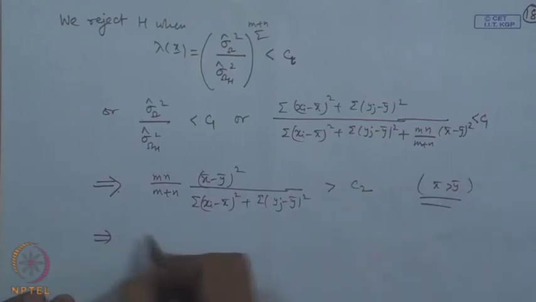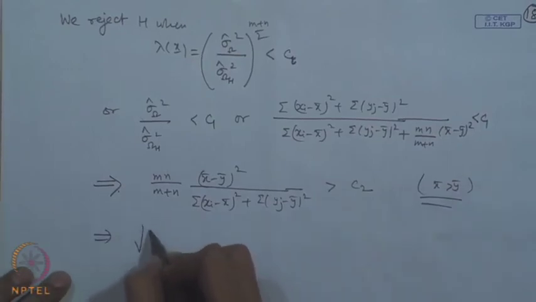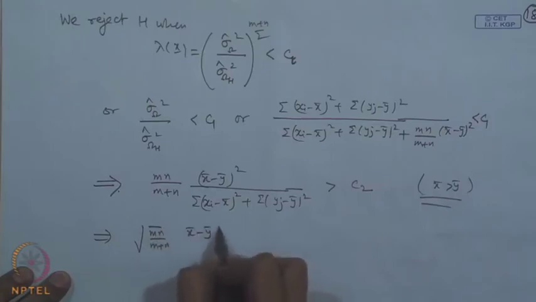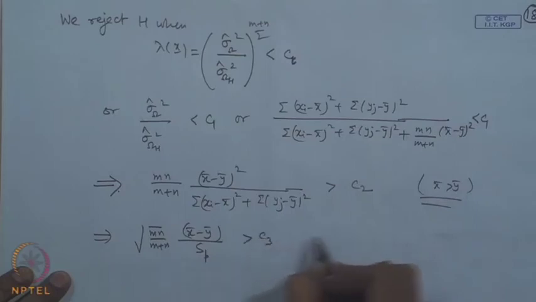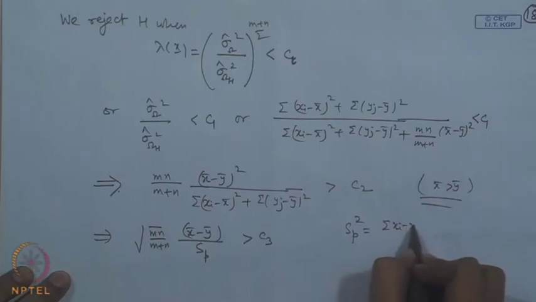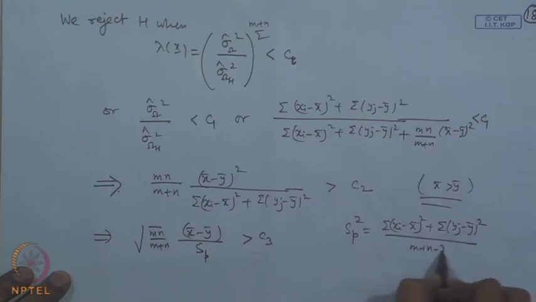So, this means I can take the square root here: root mn by m plus n times x bar minus y bar divided by s_p greater than some c3, where s_p square is nothing but sigma x_i minus x bar square plus sigma y_j minus y bar square divided by m plus n minus 2.